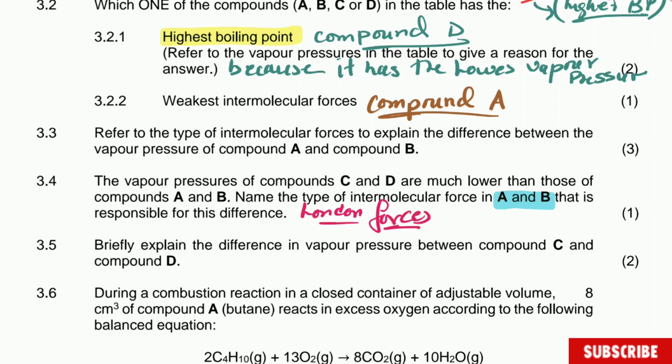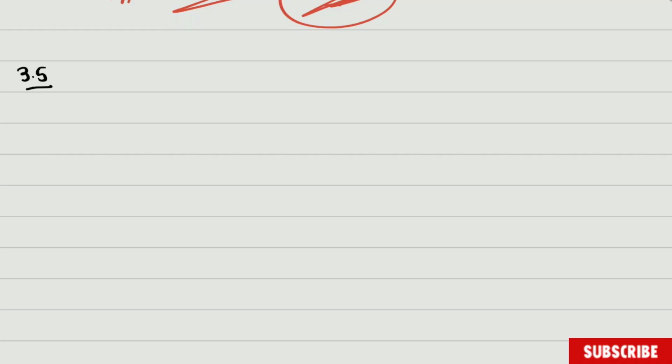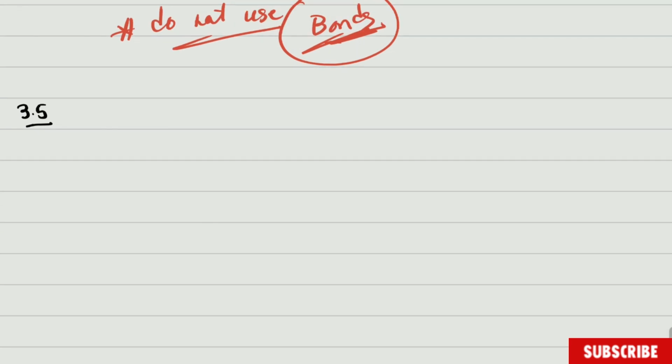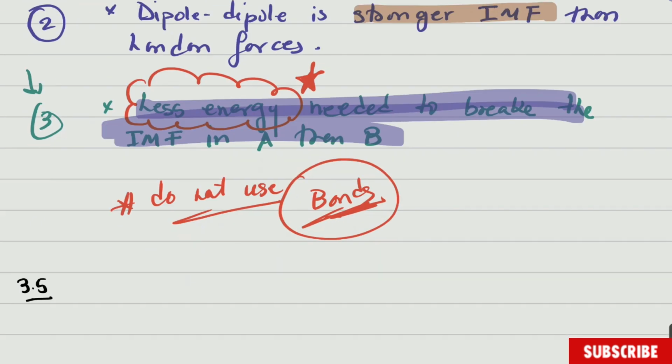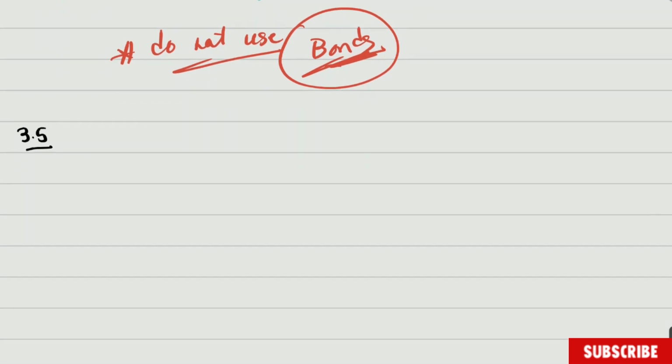3.5. Briefly explain the difference in vapor pressure between compound C and compound D. And this one is question 3.5. So they say briefly, but we are going to explain a little bit more. The same as we did here, the first thing we're going to do is to identify the type of intermolecular forces.